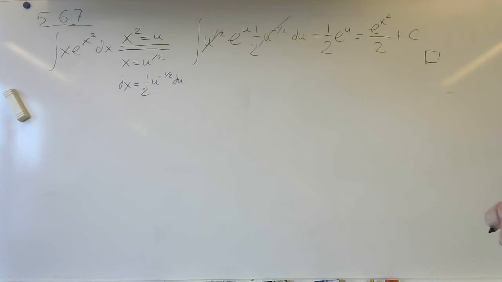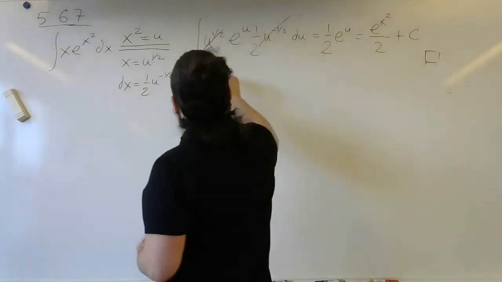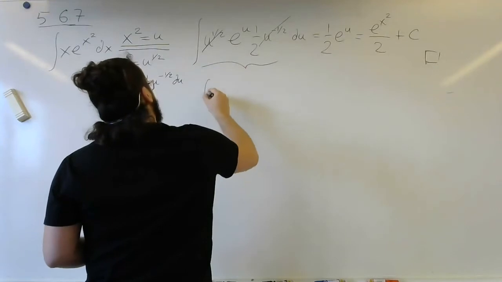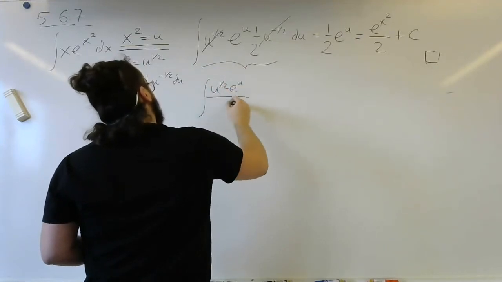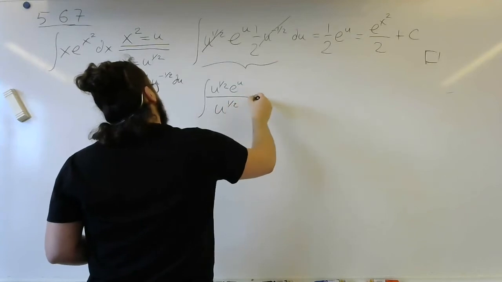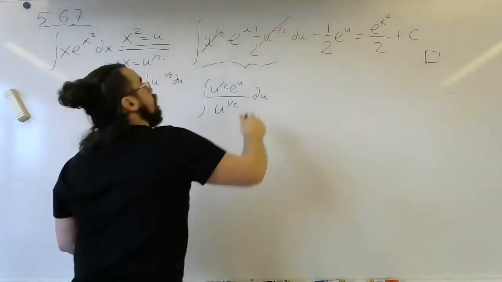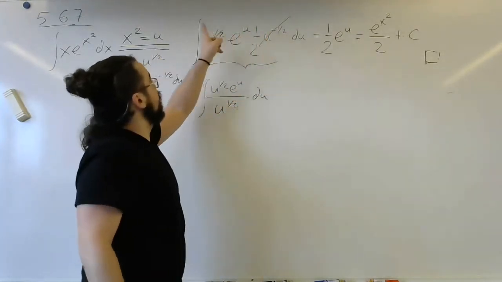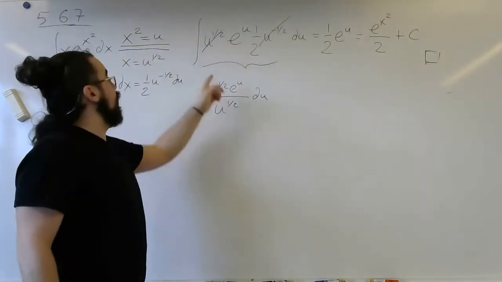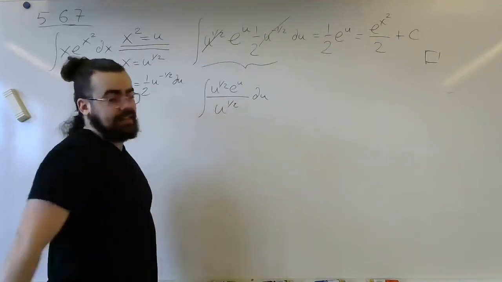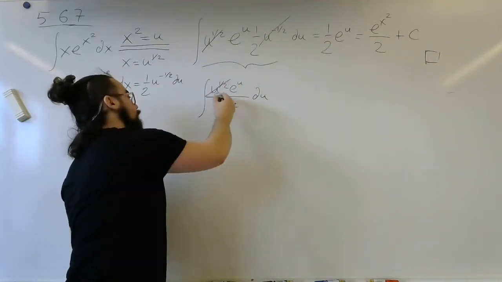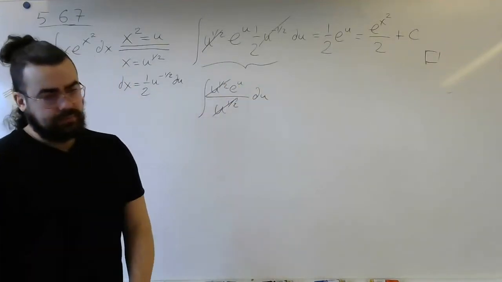Why do they cancel out? Because this thing has a negative exponent, and this a positive exponent, so one is multiplying and the other is dividing, and they are the exact same thing, so they cancel.